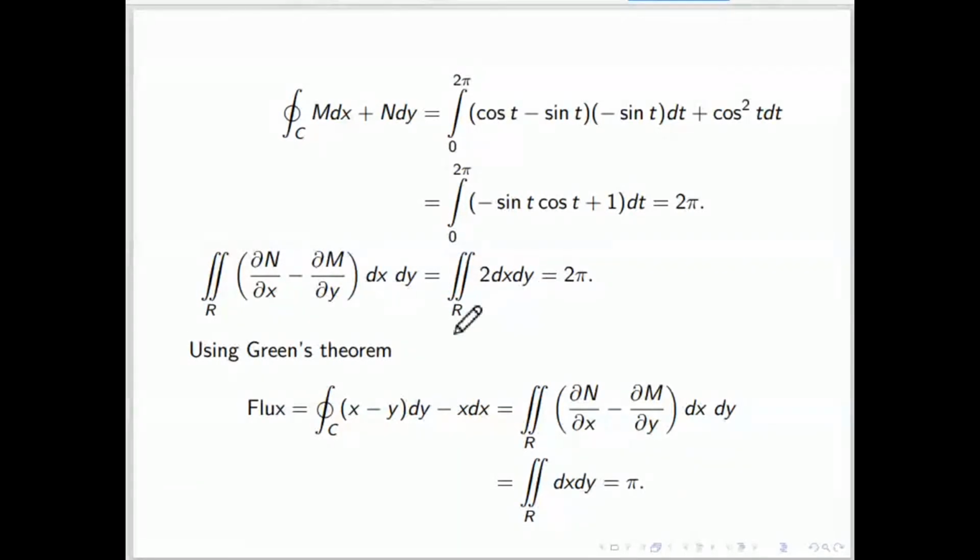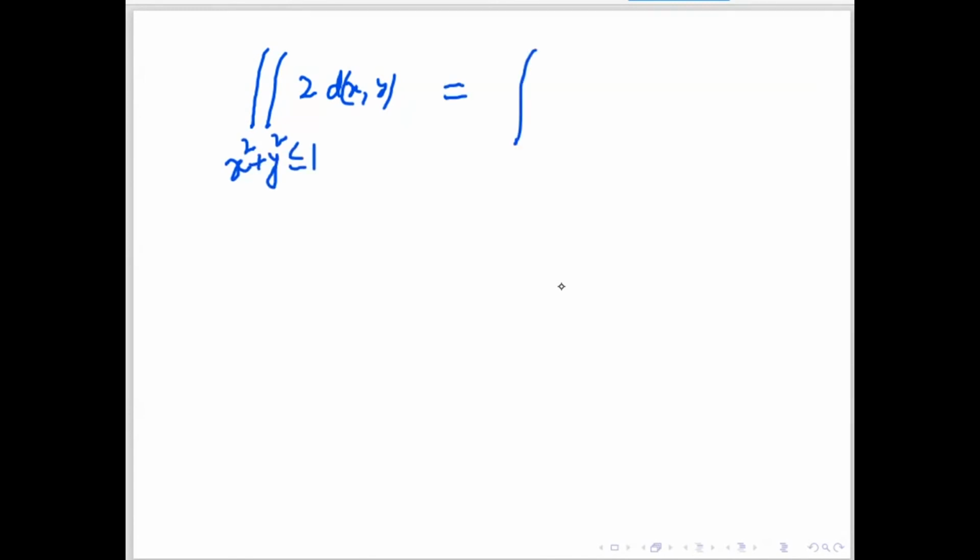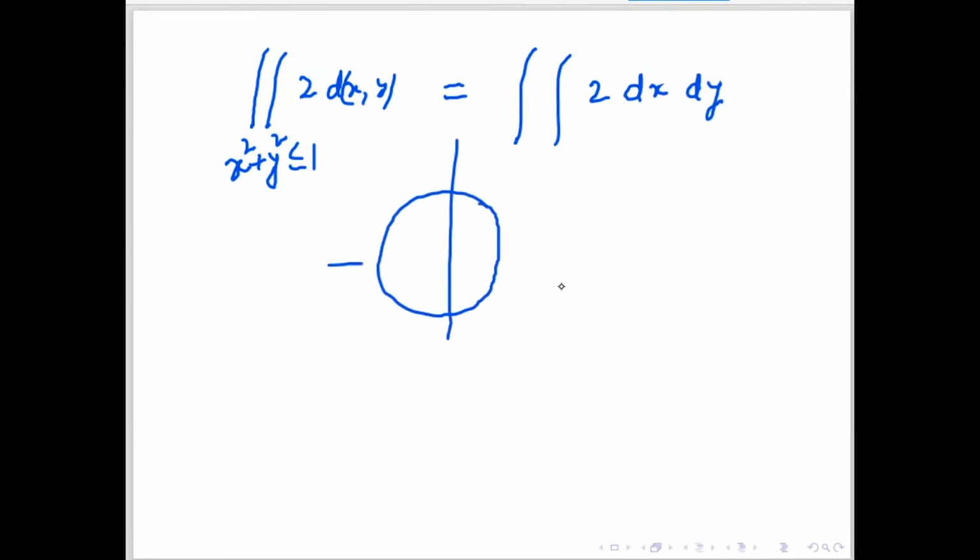So we'll see this one. You have to integrate this 2 dx dy over this region. So the question is, what will be the limit of x and what will be the limit of y over this circle?